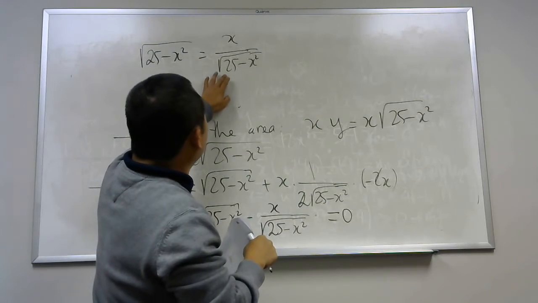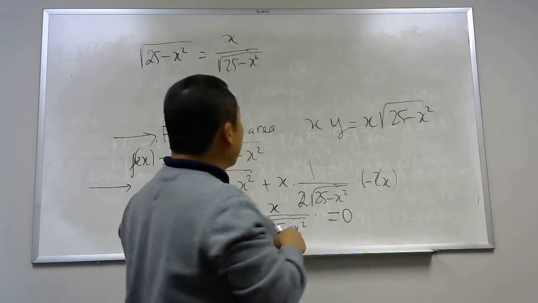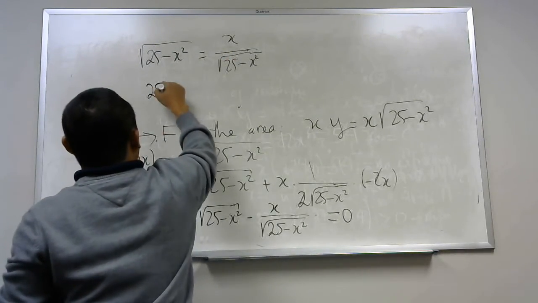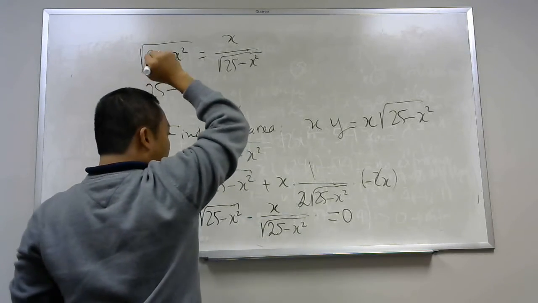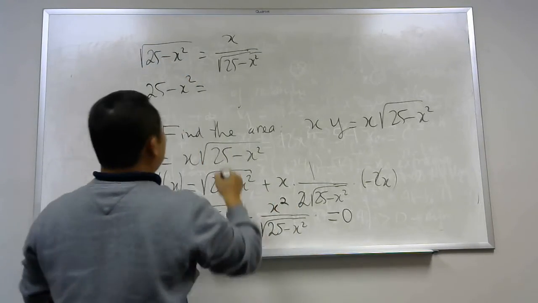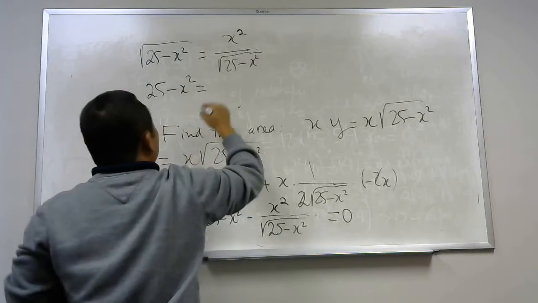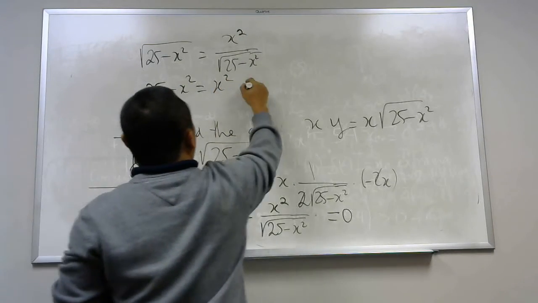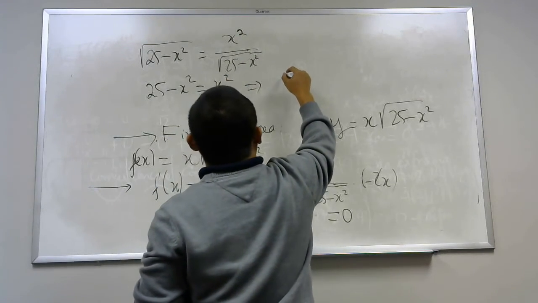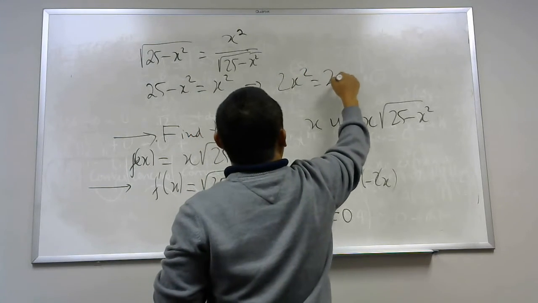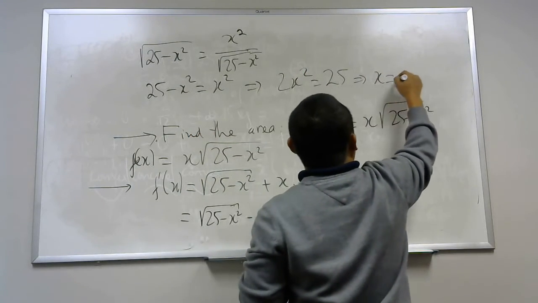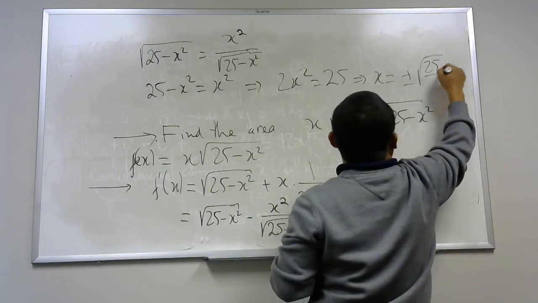From here I multiply this guy with this guy and set equal to x squared. So I have 25 minus x squared equal to, sorry, it should be x squared. And then you have 2x squared equal to 25, or x equal to plus or minus the square root of 25 over 2.